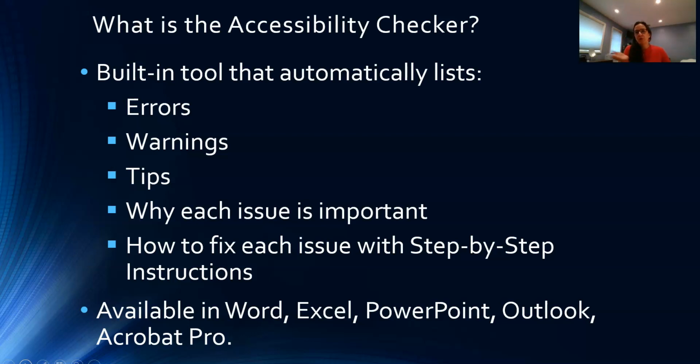In the case of PowerPoint, it will tell you what potential problems you may have on your slides. It will list for you errors, warnings, tips. It will also tell you why each issue is important. And the best part is that it will tell you step by step what you have to do to fix those issues.